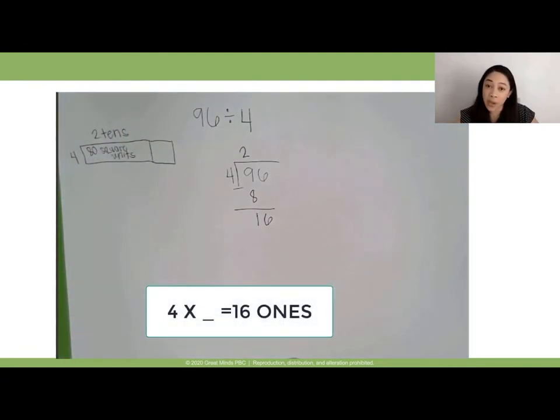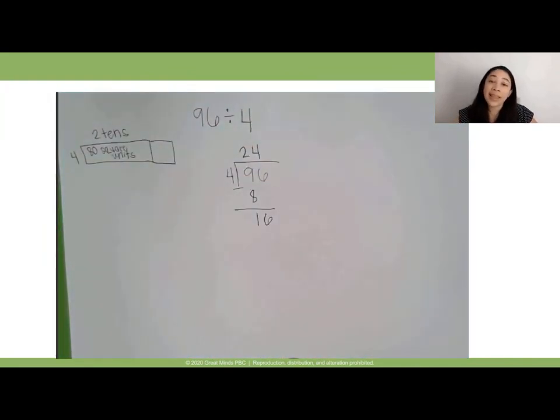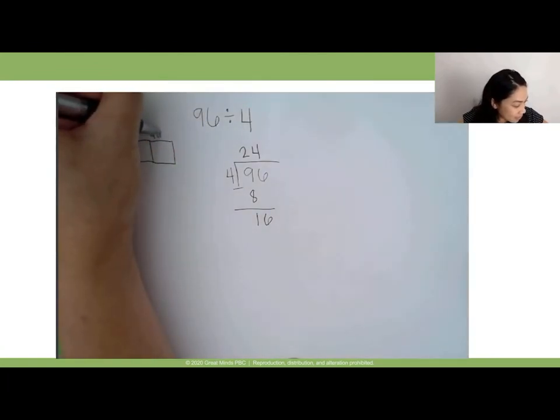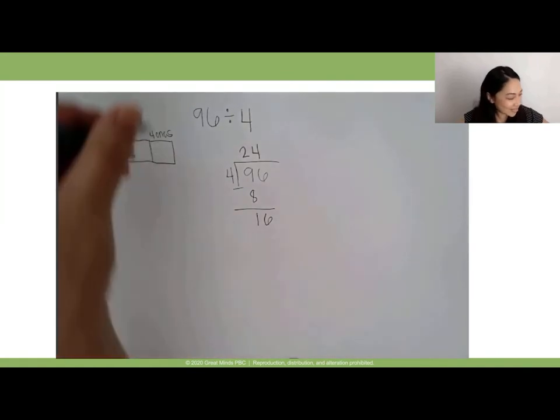4 times how many ones gets us as close as possible to an area of 16 units? 4 ones. Let's give 4 ones to the length. What is 4 times 4? 16. We have 16 square units.